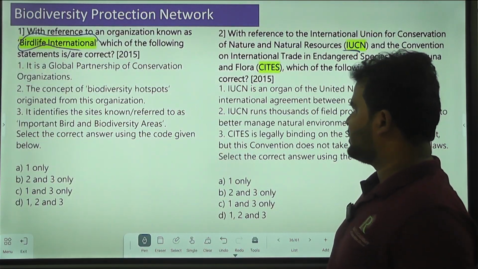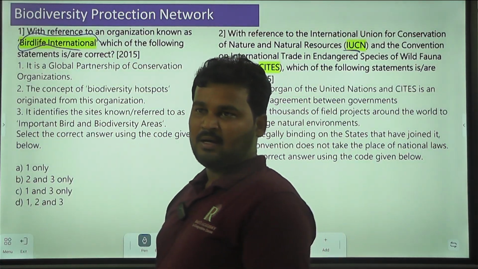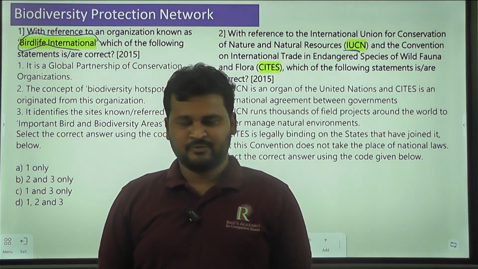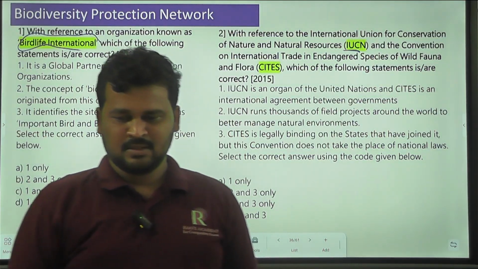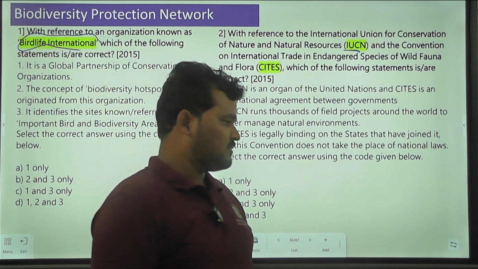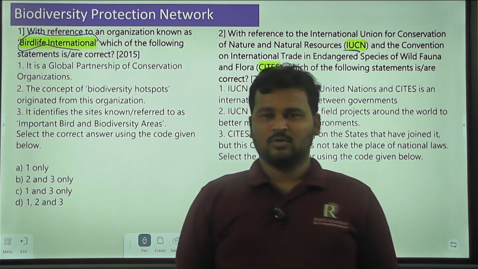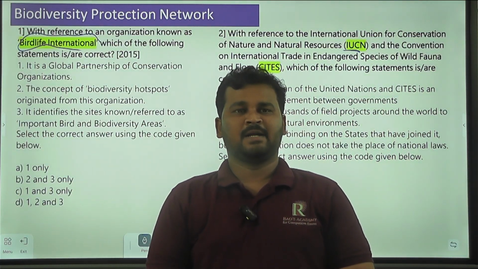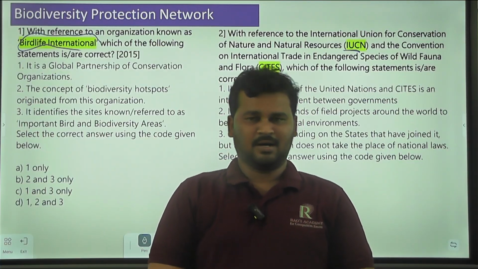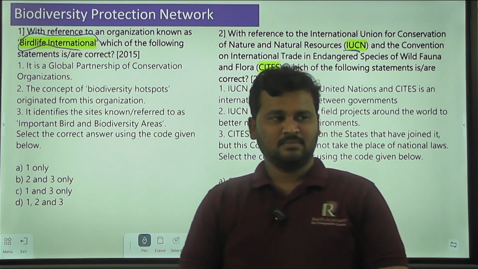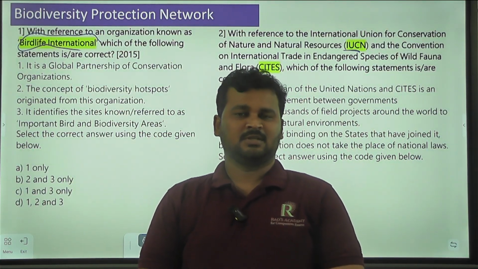IUCN, the International Union for Conservation of Nature, of both flora and fauna, a question is coming on it. It is an international network, not a national one. It is an international body established to protect animals, trees, and plants on the earth. IUCN is not meant for a particular country or state. It is meant for the world.